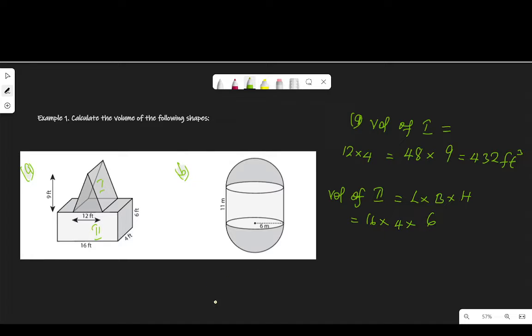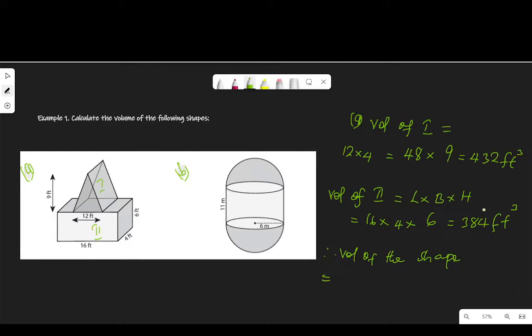So 16 times 4 times 6 will give us the volume of that prism below. 16 multiplied by 4 is 64, and 64 multiplied by 6 is 384 feet cube.